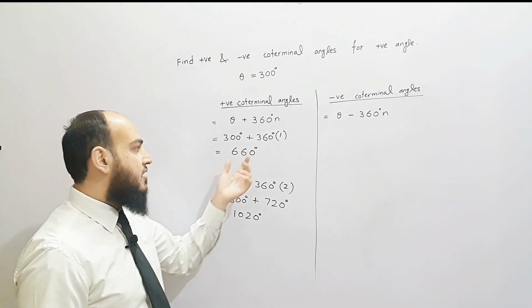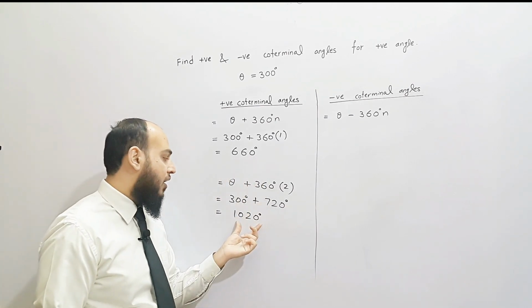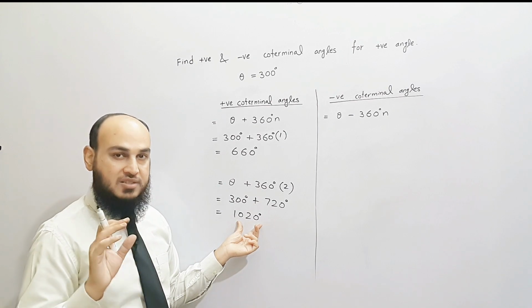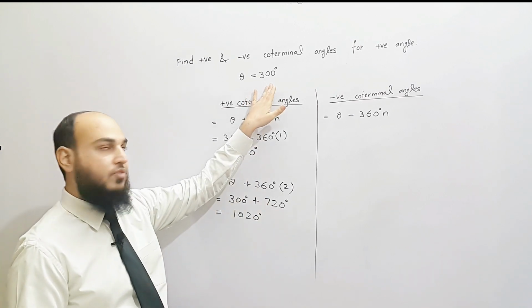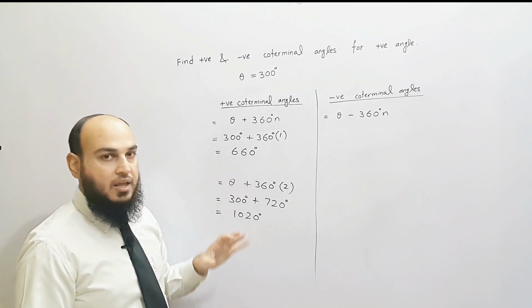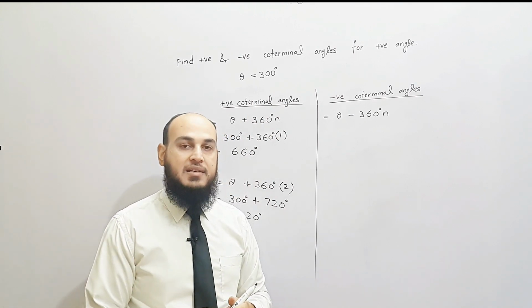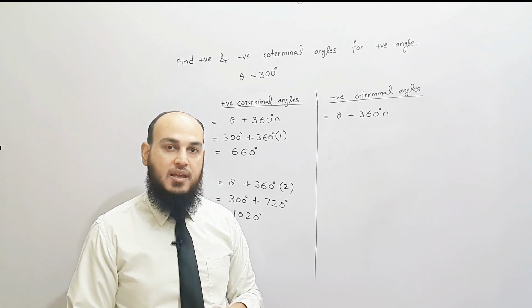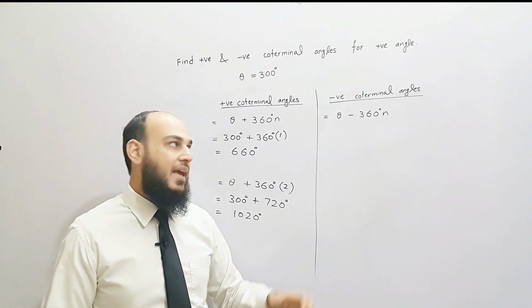It means that 660 degrees and 1020 degrees are positive coterminal angles of 300 degrees because they have the same terminal and the same initial sides. That is why they are known as coterminal angles.